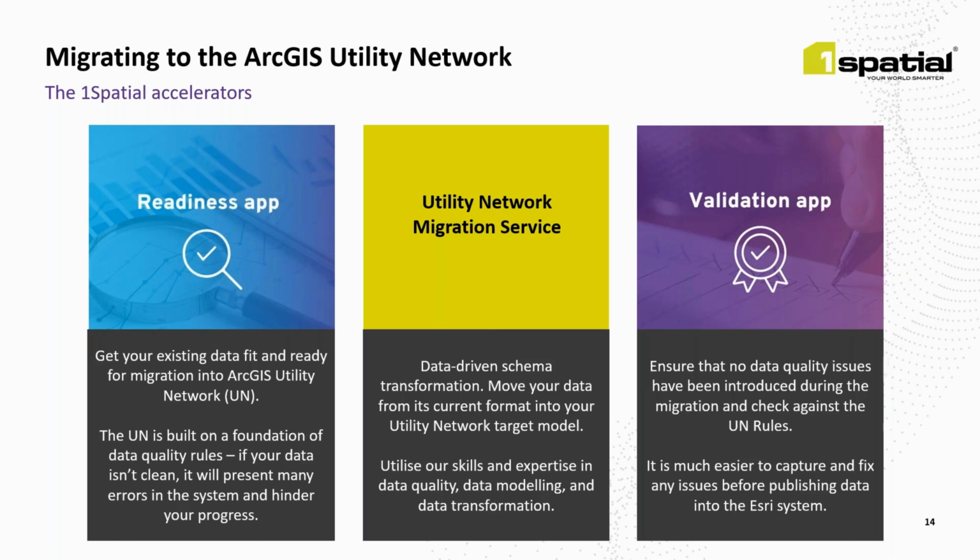Right through this process, we will utilize the asset package as previously described. And all of this is because it is much easier to capture and fix any data quality issues before you move and publish into the utility network system.